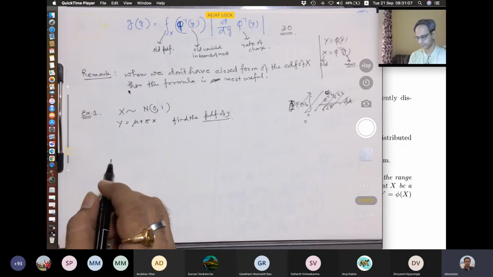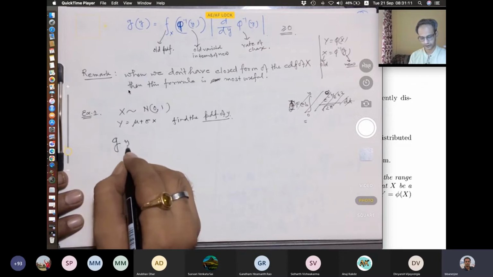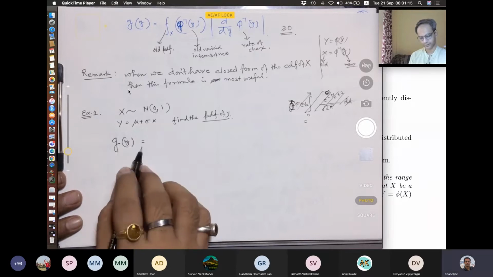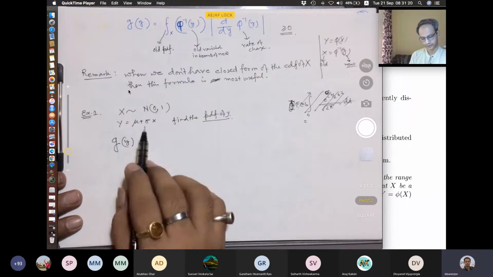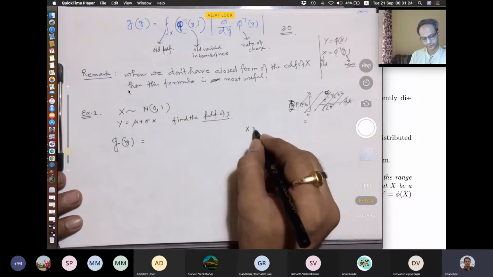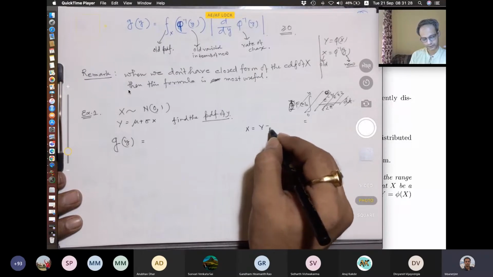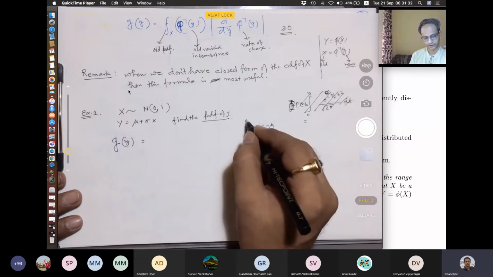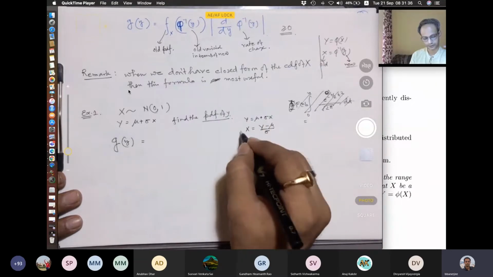So what do you need to know? So g of y, okay, g of y is, so first let us consider the inverse function. So here x equals y minus mu by sigma, as y equals mu plus sigma x.